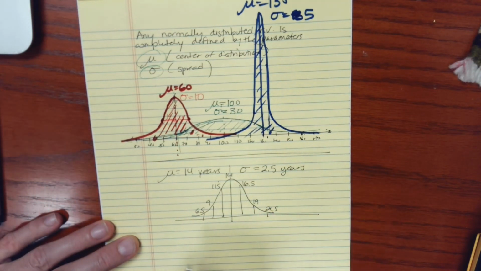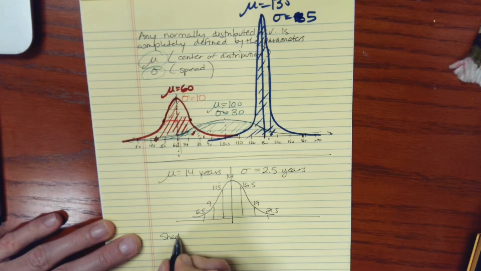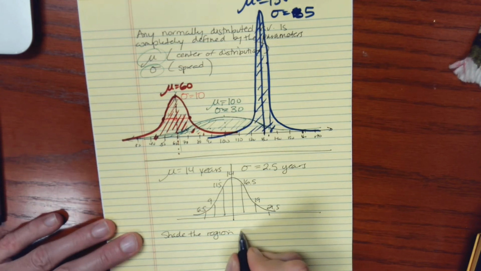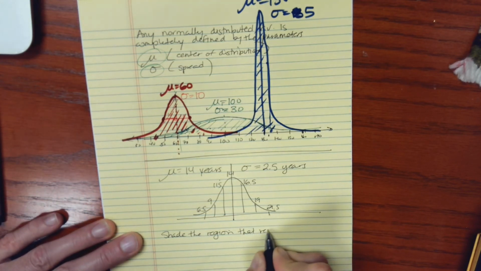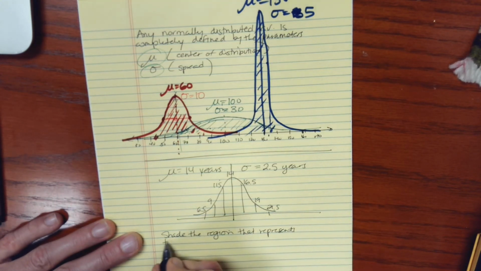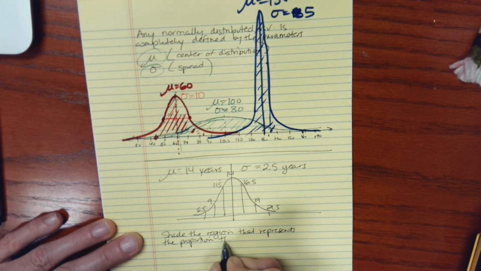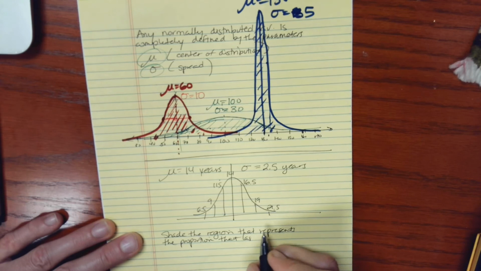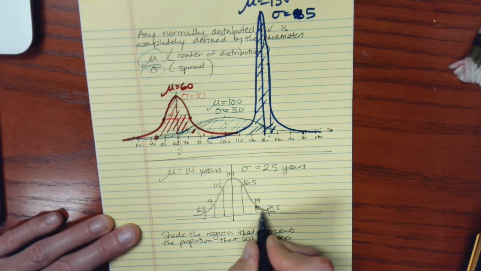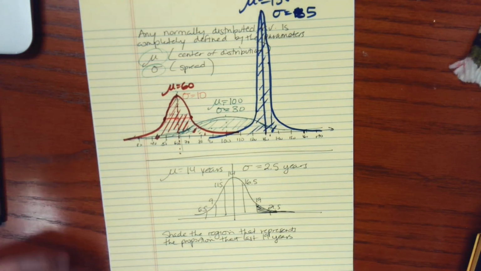And so suppose we want to shade the region that represents the proportion that lasts, let's say, 19 years. So that would be from here over.